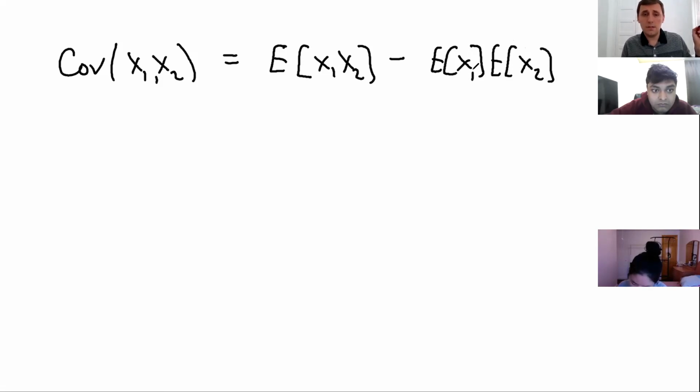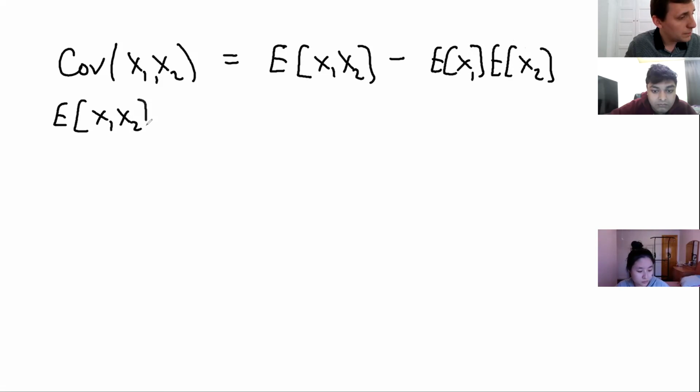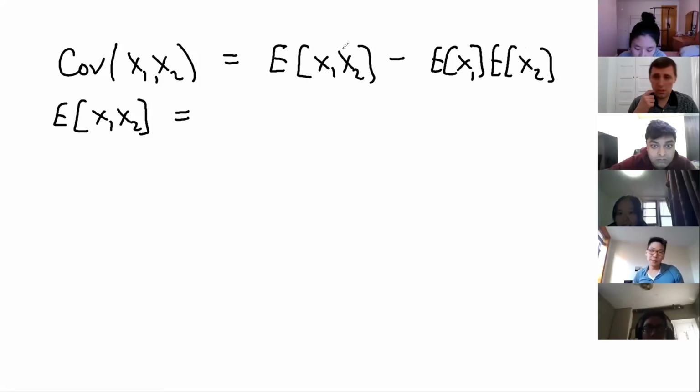Yes? What's the expected value of x1 x2? In other words, what values can those take? Calculate the expected value of x1 times x2.